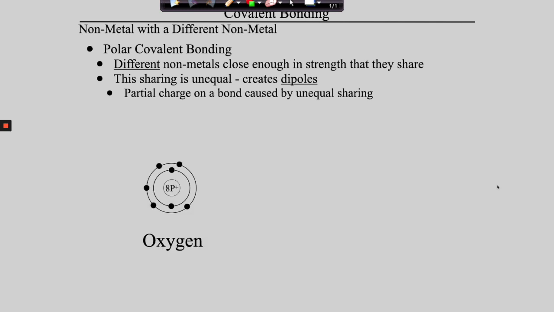Let me show you what we're talking about. So we've got an oxygen atom and we've got a fluorine atom. Guys, which one is stronger? You remember, which one is strongest? Fluorine. Strongest element on the periodic table. So when these things get together, they go like this. The fluorine goes mine, and the oxygen goes mine, and you end up with a pair of electrons in between these two.